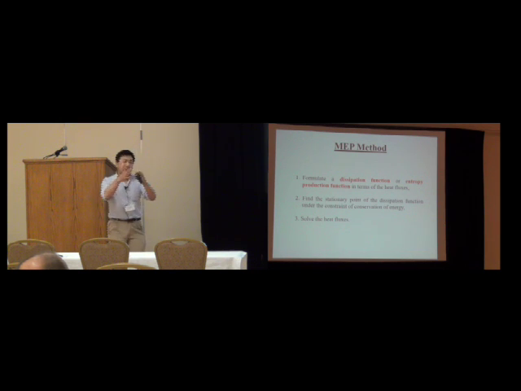So that laid out the general framework of developing this fluxes model. What we need to do is to formulate the dissipation function for the problem we're looking at, then find the stationary point of the dissipation function, then solve for the fluxes.